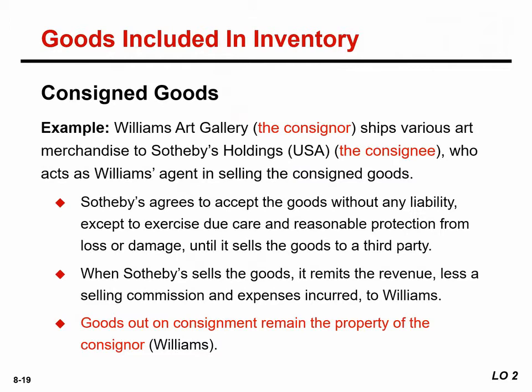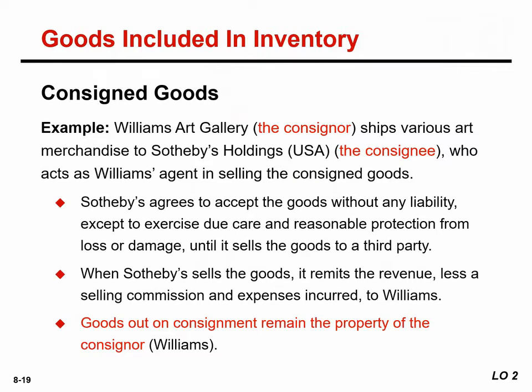You asked him to act as your agent and to sell the products on your behalf. Now, if we have some of these goods on consignment at year end, these goods are not yet sold by the agent, but they are in the agent's stores.